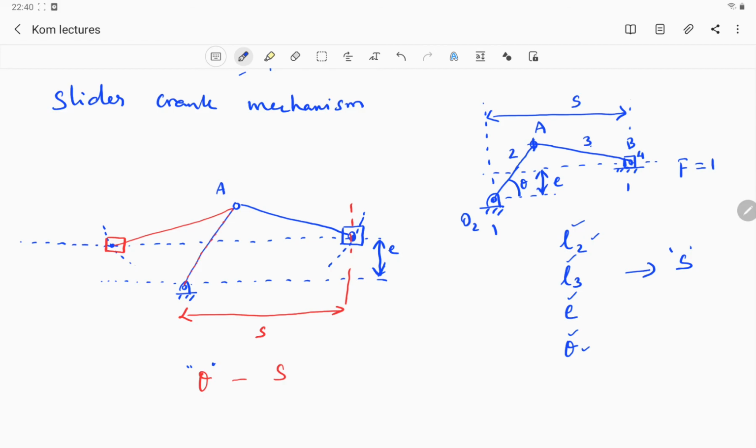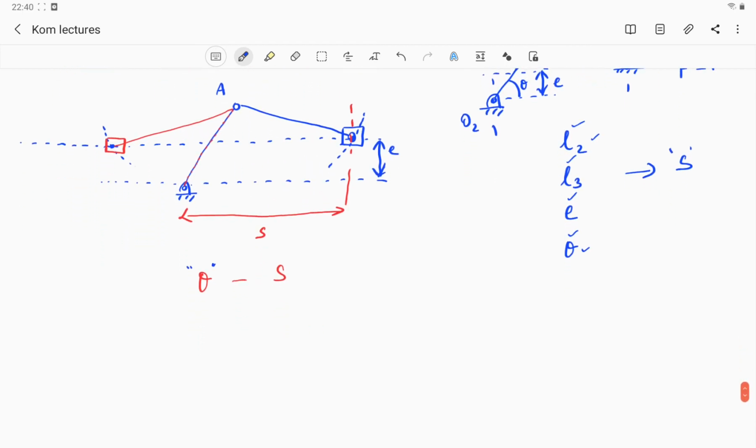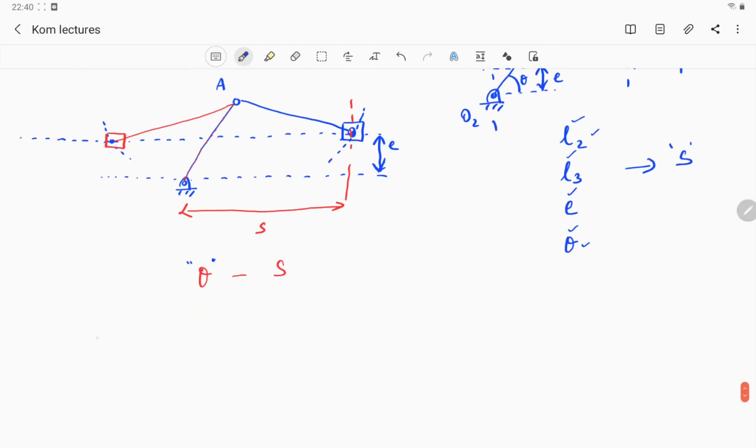Now we will be very much interested in, for example, in a 4-bar mechanism, theta 2 for different values of theta 2 and what is the value for theta 4, or in other words a plot where this is theta 2 and this is theta 4, so that I will get a relation, right?